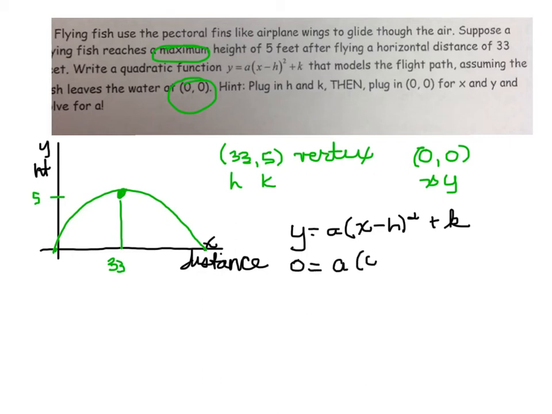A times (0 minus 33) squared plus k. And I know that k is 5. Okay, and 33 squared is 1,089. So I get 1,089 times A plus 5.